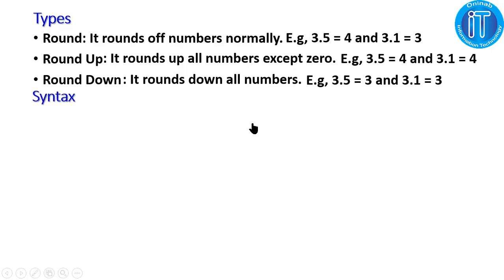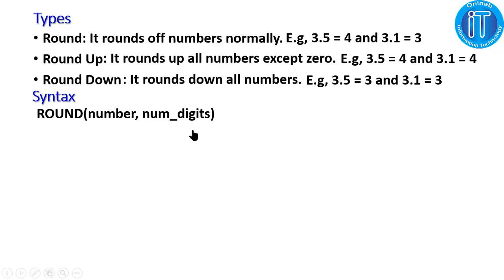So we now look at the syntax. They all have the same syntax, only that the functions differ. So we have for round: number, num_digits. The number here is the number you want to round. Then the num_digits determines the degree of accuracy. Is it to the nearest whole number? Is it to one decimal place?